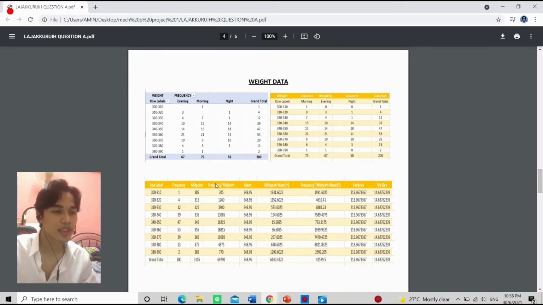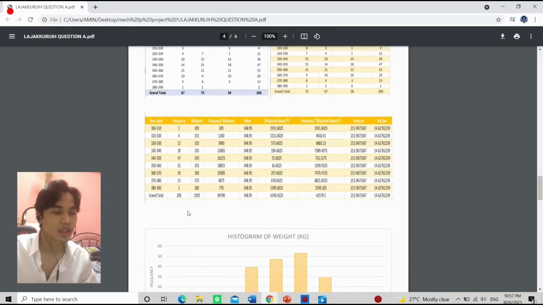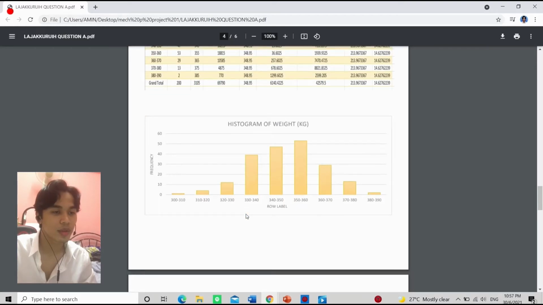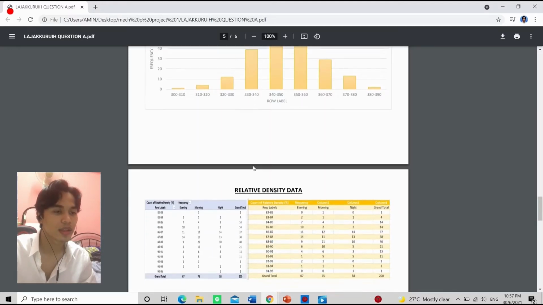From the frequency, we can find the mean, variance and standard deviation. Next, from the frequency data here, we do the histogram, for example, the histogram for weight in the picture.